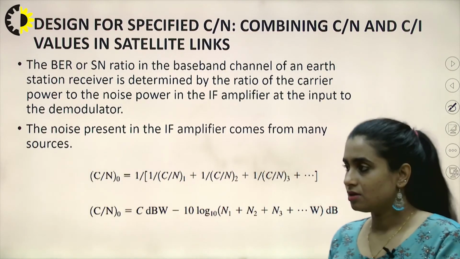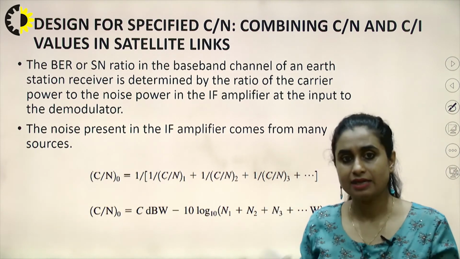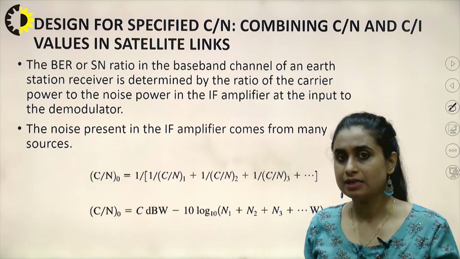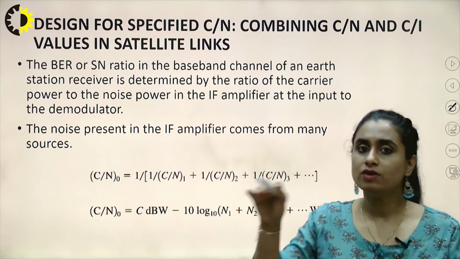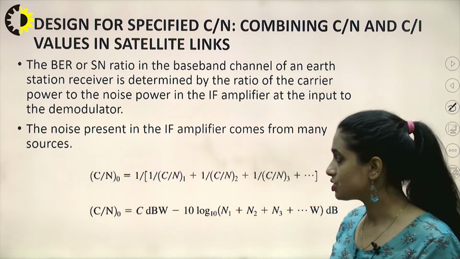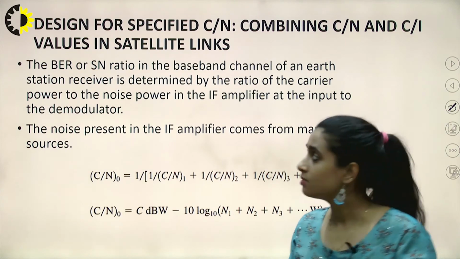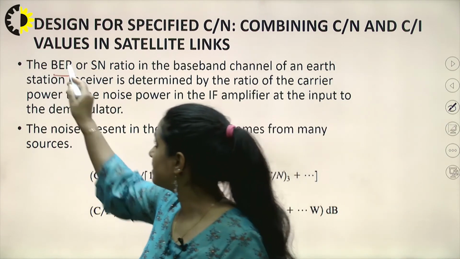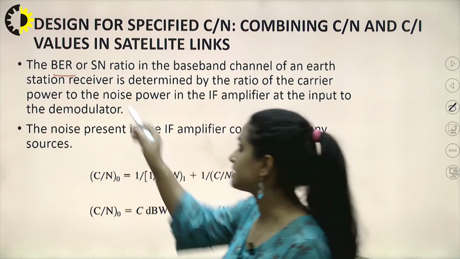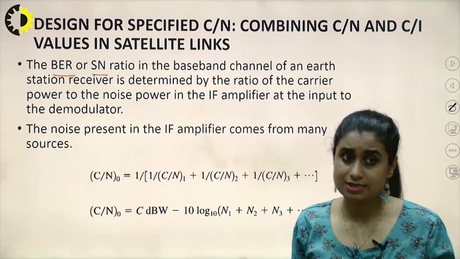So after talking about uplink design and downlink design separately, now if I want to combine and calculate the overall C/N ratio, how do I do it? The overall C/N ratio can be given by this reciprocal formula, right? If I name it as BER, as in case of digital communication, bit error rate, or I call it S/N, signal to noise ratio, which we do in case of analog signals.